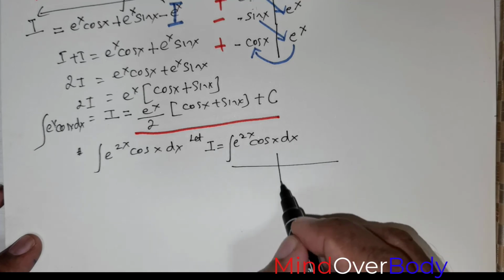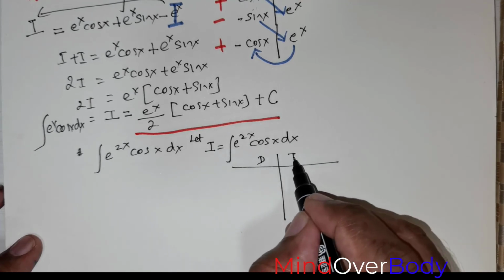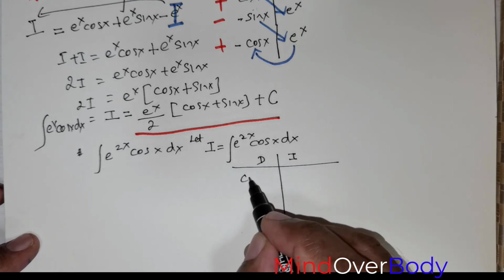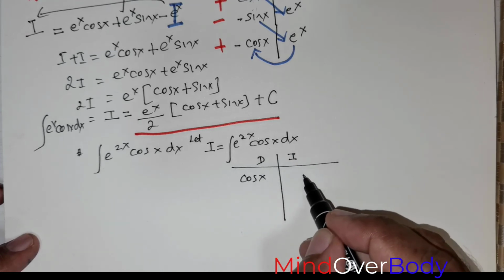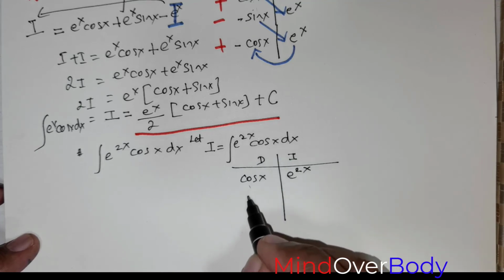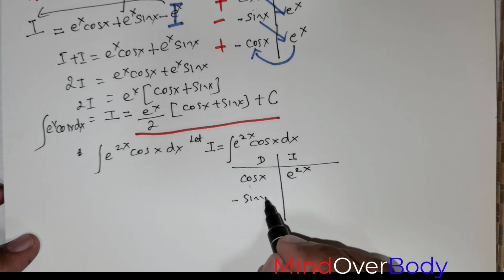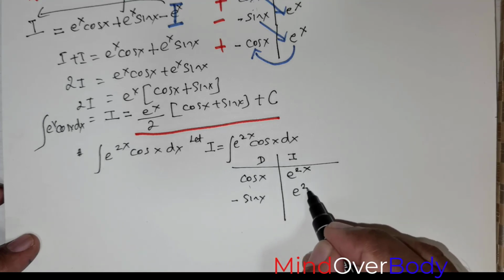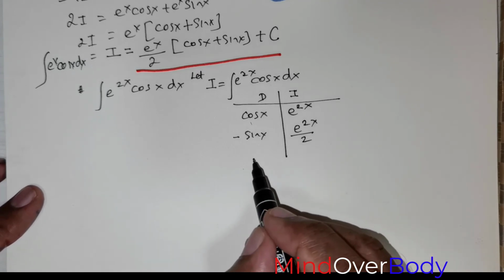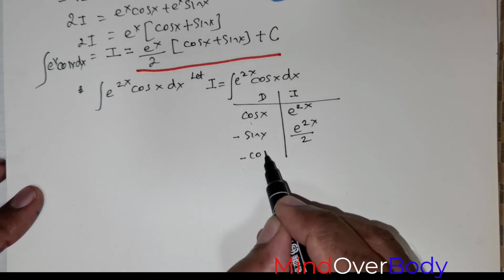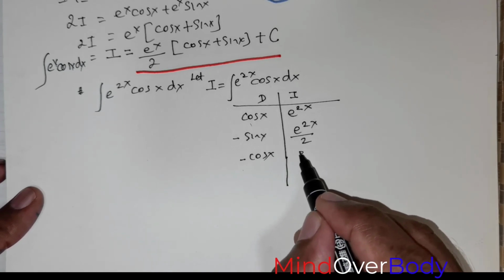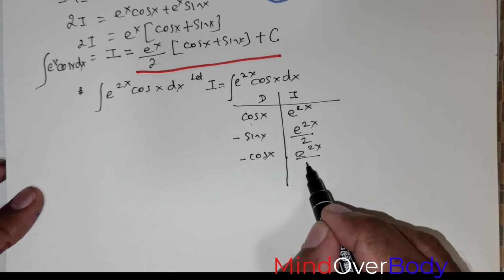I will draw my table, the d and the I. My d is going to be cos x and my I is going to be e raised to the power of 2x. I differentiate this, I get negative sin x. I integrate this, I get e raised to the power of 2x over 2. And then I differentiate sin x, I get cos x, the sign is retained. I integrate this, it is going to be e raised to the power of 2x divided by 4.